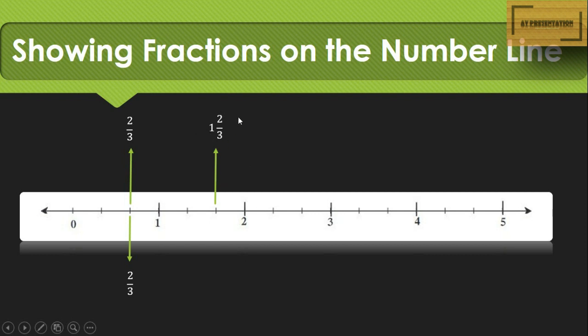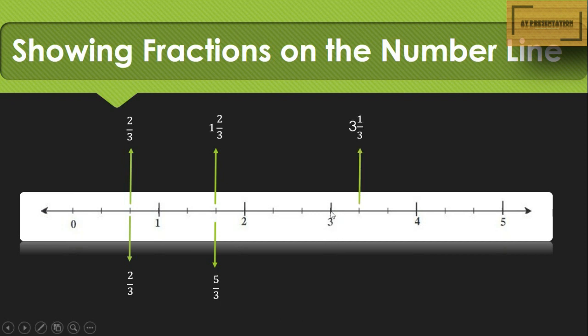That is a mixed number. In improper form you can show it like this: 5 upon 3, because from 0 to this mark count the marks 1, 2, 3, 4 and 5. So 5 is the numerator and 3 is the denominator.